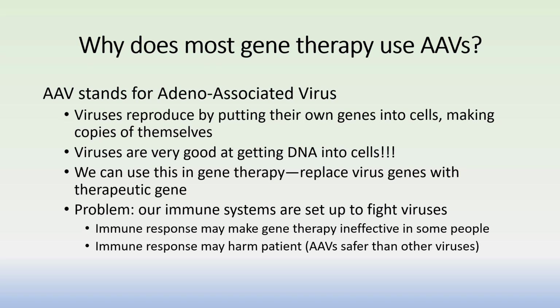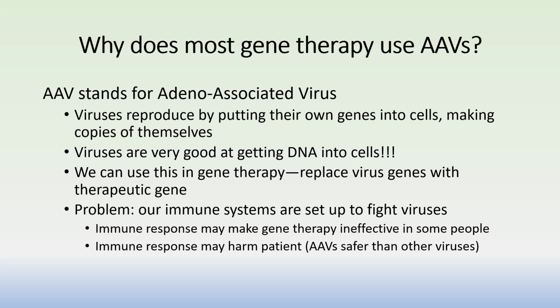And also, we've taken out the genes of the virus so it can't reproduce itself. Now, normally, viruses reproduce themselves by putting their DNA into a cell and getting the cell to make more copies of the virus. But when we use an AAV for gene therapy, we take out the virus's genes. It can't reproduce itself. Instead, we're using it to deliver the therapeutic gene that a person needs into the cell.